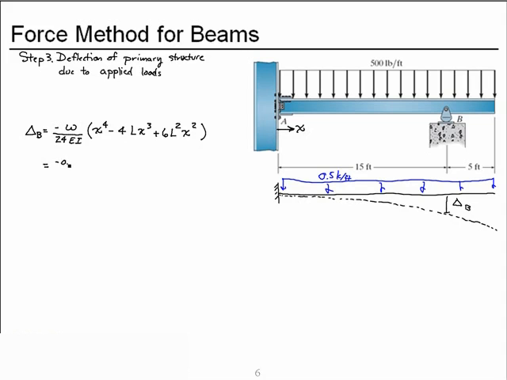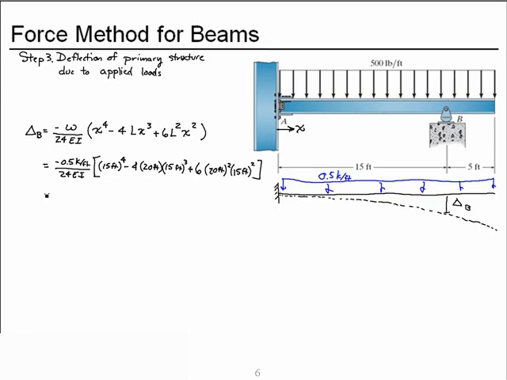So this equals a minus 0.5 kip per feet over 24 EI, 15 feet to the fourth, because it's 15 feet from the support, the fixed end, out to point B, minus 4 times the overall length of 20 feet times the distance to where we want to calculate the deflection, 15 feet cubed, plus a 6, the overall length 20 feet squared, and the x distance 15 feet squared.